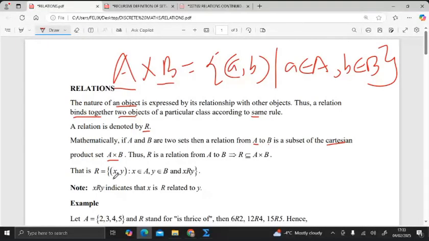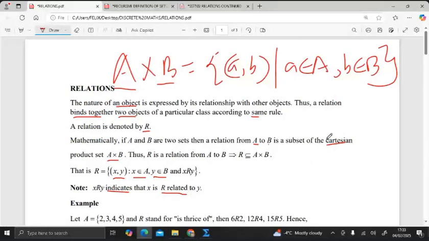A relation, as you can see here, is a set of ordered pairs (x, y), where x is in A and y is in B, but that is not enough. We have x is R related to y. This is what is written; this is what it denotes: x is R related to y.